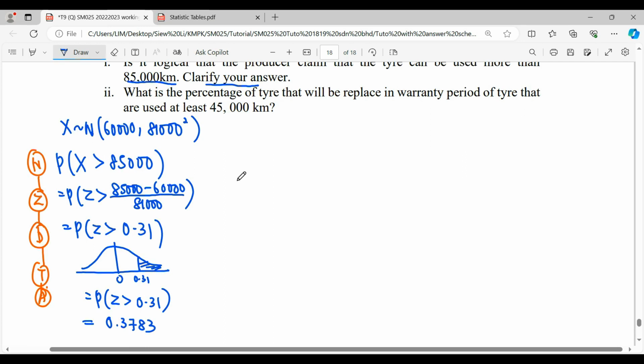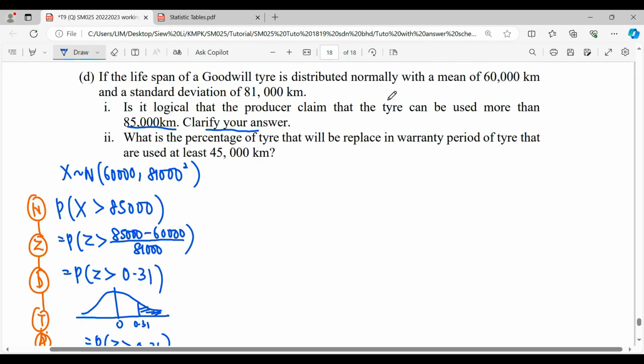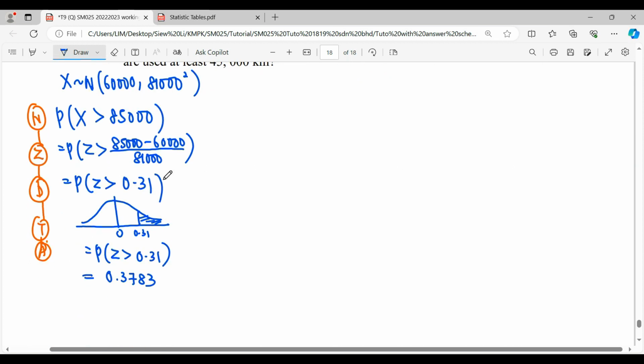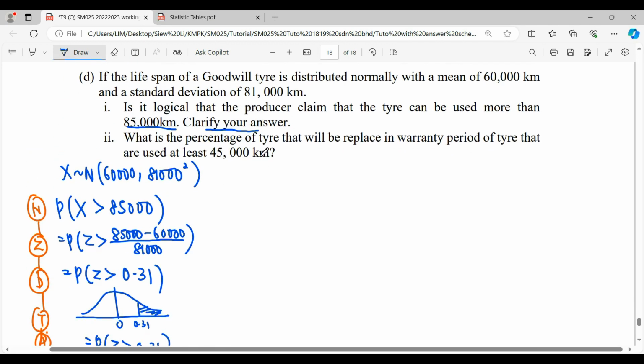So in this situation, we can notice that our probability is just 0.3783. If the producer wants to claim that the tyre can be used for more than 85,000, in reality the chance is only 37%. So it would not be logical to claim that.